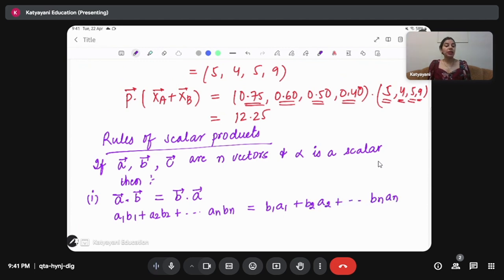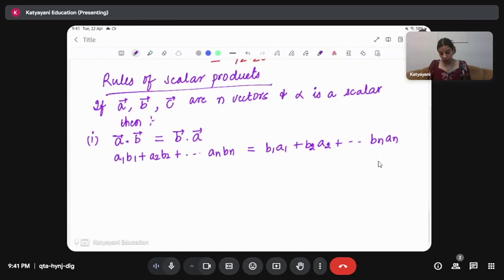We know that multiplication is always commutative, so the LHS and RHS here are equal, right? So the proof of the first property is trivial: if you take the scalar product of A with B or of B with A, it is the same thing, right? It is commutative.